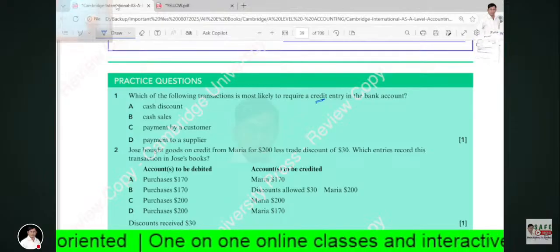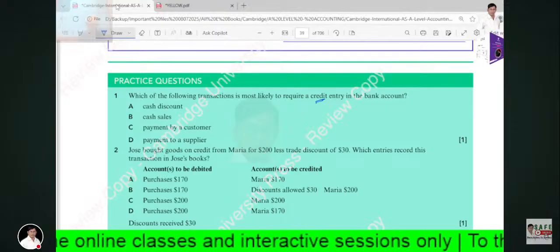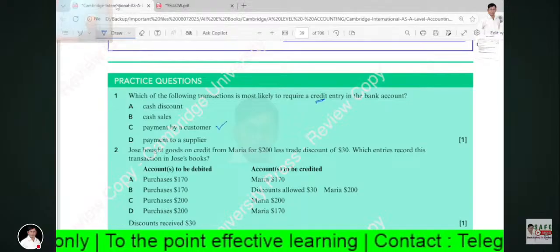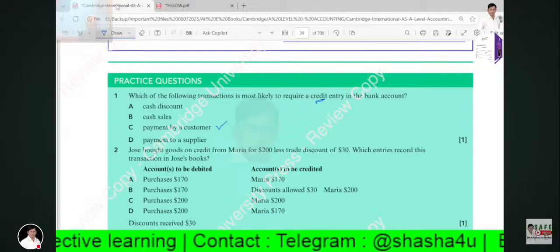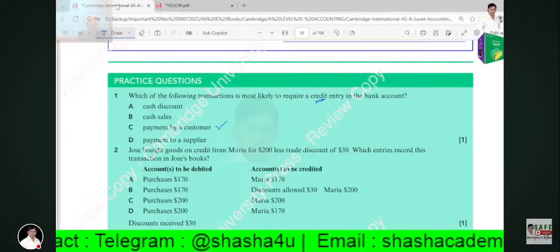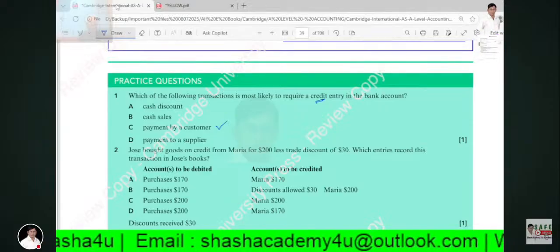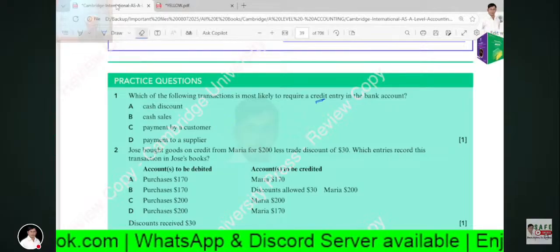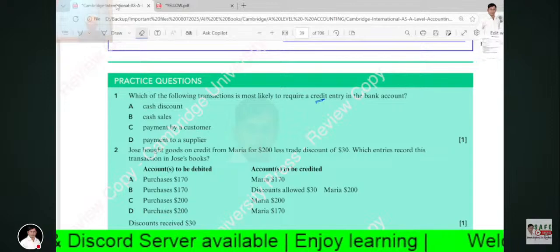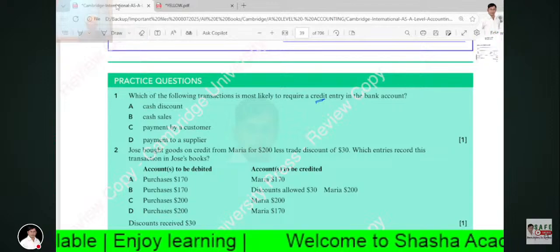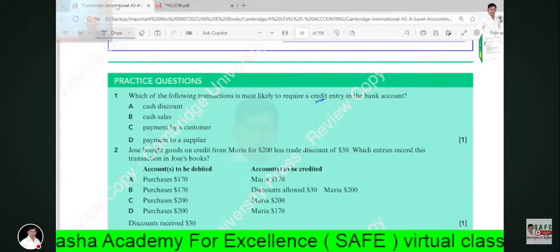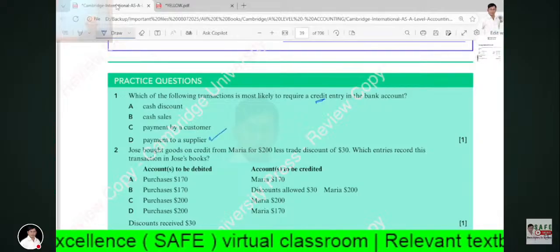Payment by a customer means we will receive, not pay. Payment to a supplier is something we pay, so money goes out. This is the answer.